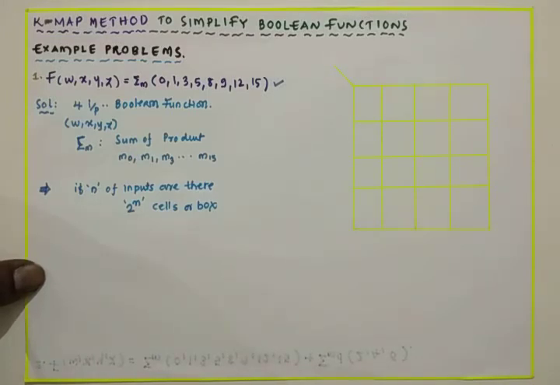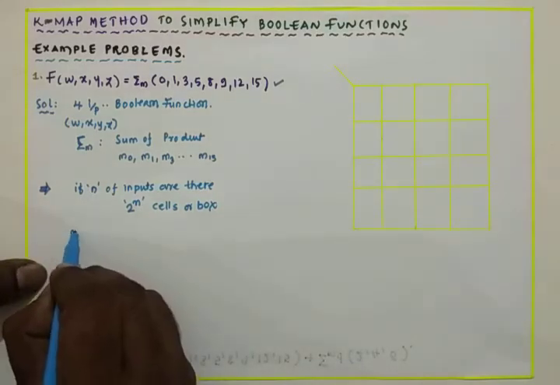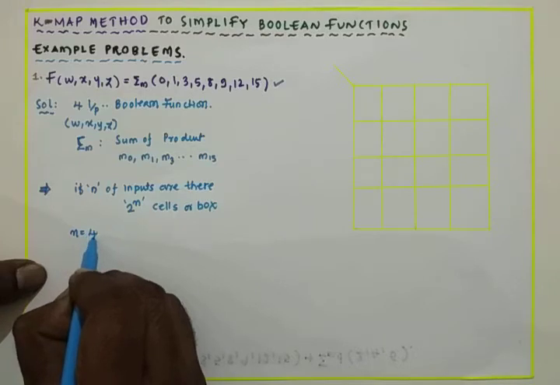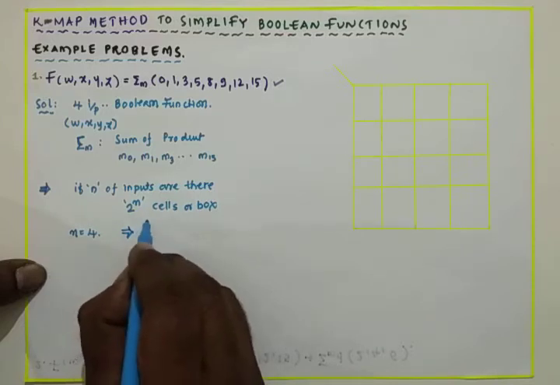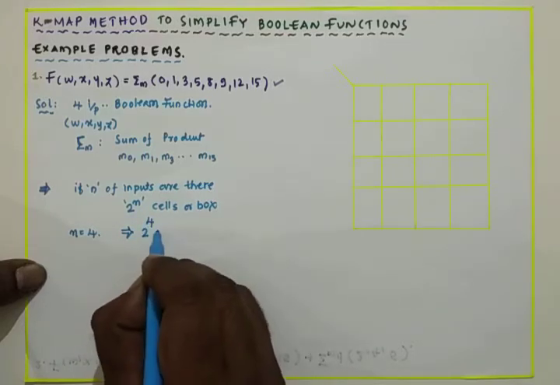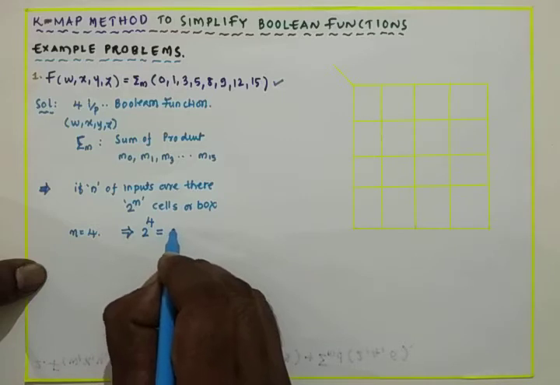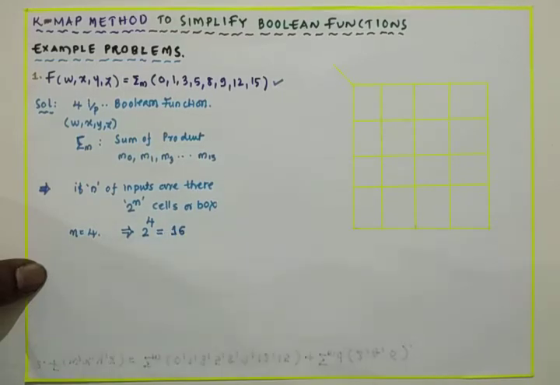If we have n inputs, we have to draw 2 power n cells or boxes. Here, n is equal to 4, so we have to draw 2 power 4 adjacent cells or boxes, that is 16.